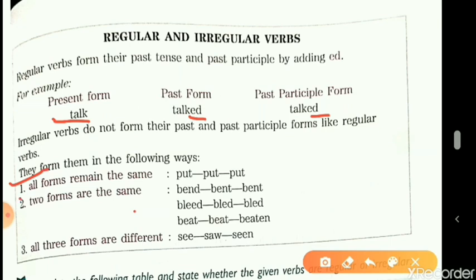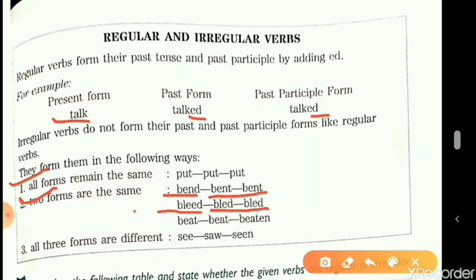Then the second kind, where the last two forms are the same. You can see the first is bend and then the next two are the same, that is bent and bent, B-E-N-T. The second example is bleed. In this, the present form is bleed, whereas the past and the past participle forms are the same.